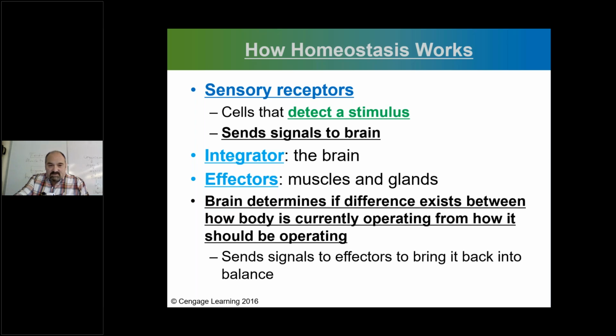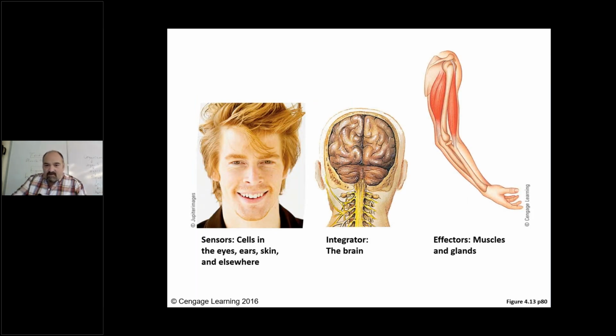I want to go to, let's see here. All right, so here we go. Look at this image here next, and we'll stop here because then we're going to go into the lab. We're going to take our break, look at chapter 5 for a moment, and then go into the lab. So look at this here, folks. There are sensors in your body, cells in the eyes, ears, skin, throughout, that are receiving input, and they're going to send information to the brain.